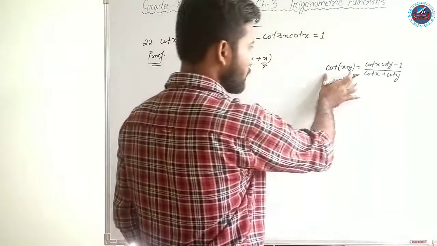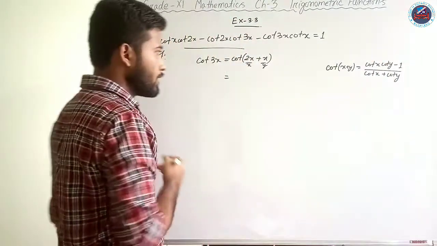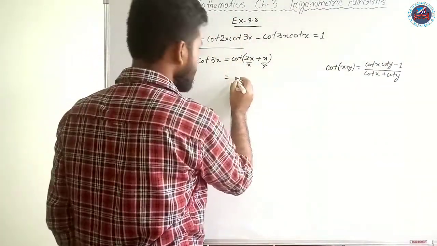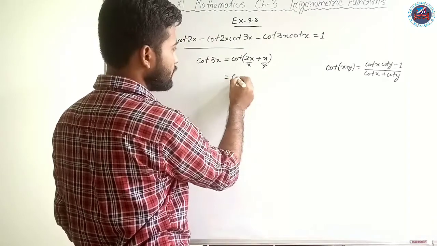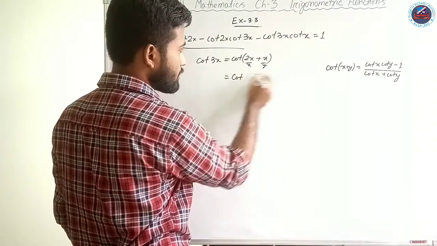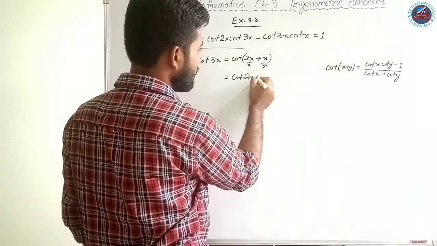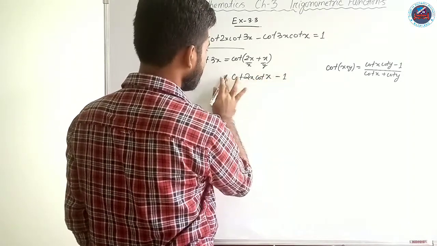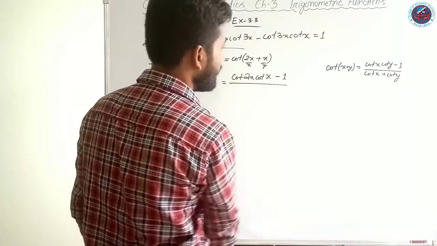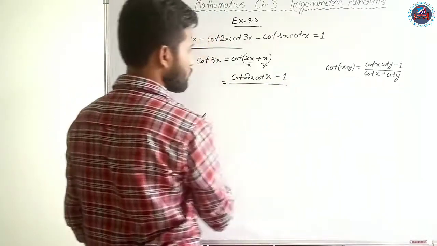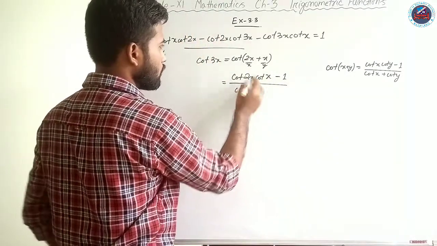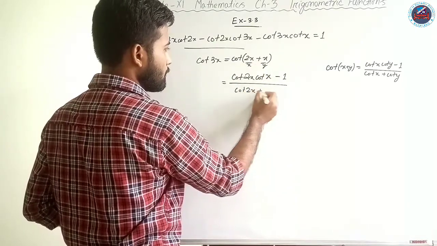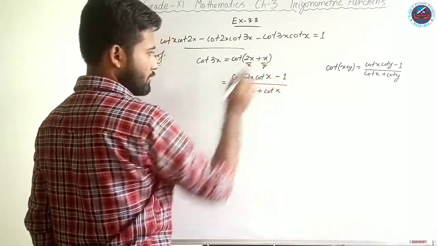So we have from cot of x plus y this formula, isn't it? So it will be cot x, that is 2x, into cot y, that is x, minus 1, divided by cot x plus cot y. So this will be cot of 2x plus cot of x, that is our y.